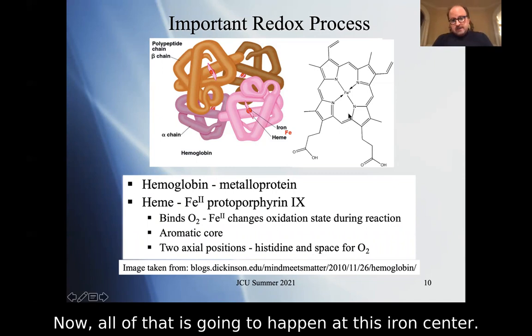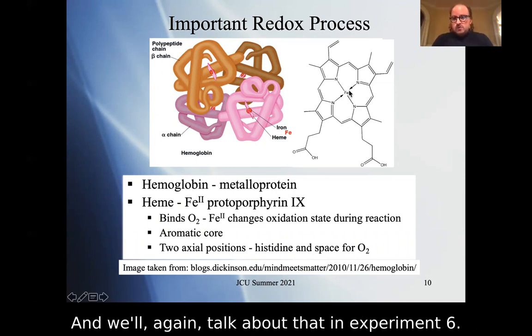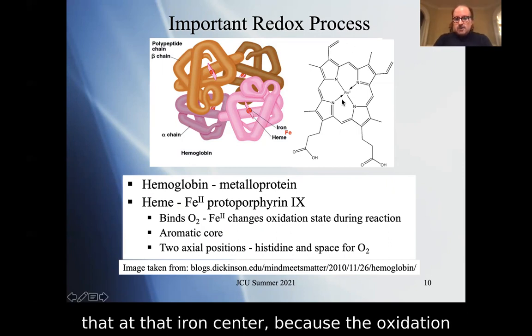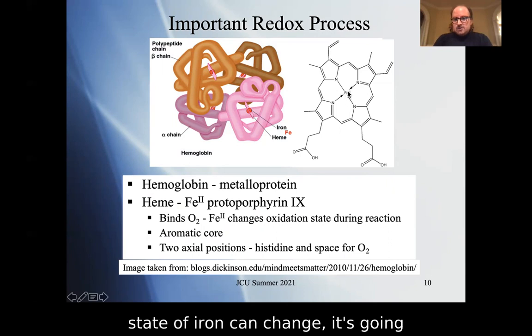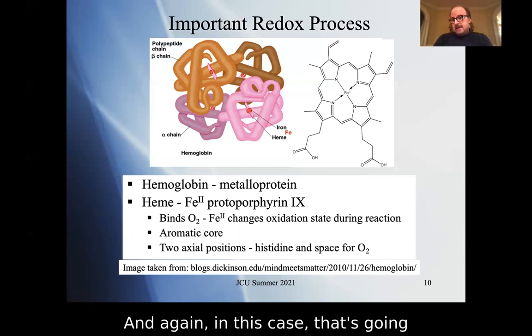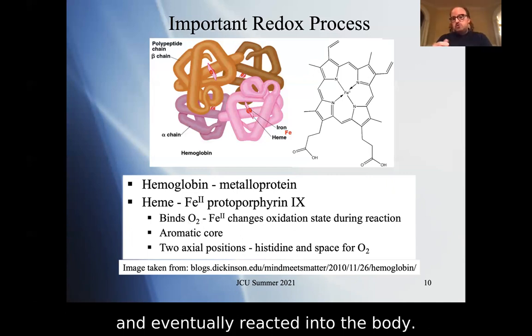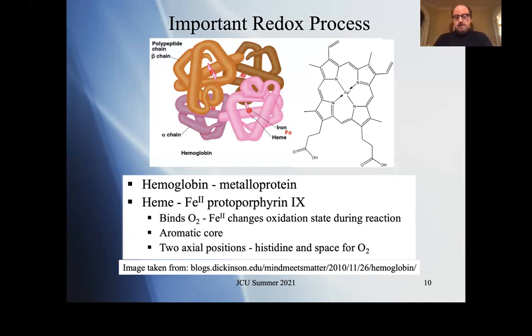Now, all of that is going to happen at this iron center, and we'll talk about that in experiment 6. But for right now, because the oxidation state of iron can change, it's going to allow for electron transfer. And in this case, that's going to cause redox reactions to happen as that O2 is bonded into the hemoglobin and eventually reacted into the body.